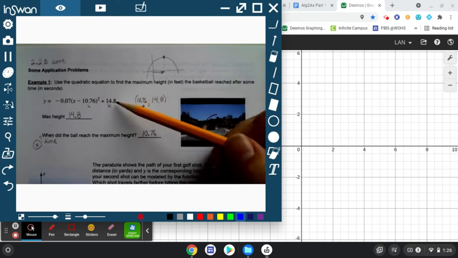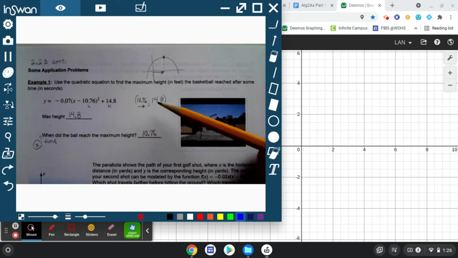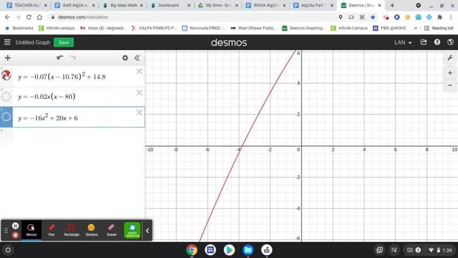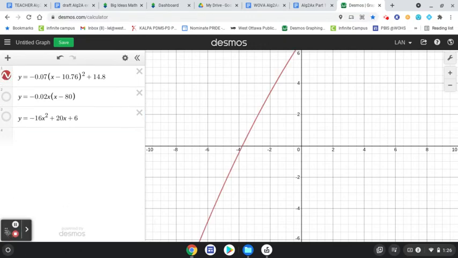Now, just to be sure, remember you can graph this in your graphing calculator as well and find that value just in case you didn't realize this. So I'm going to switch over to Desmos. I have that ready here, and I typed this in already for you. If you want to use your keyboard to type this in, remember the keyboard's right here in this lower left corner, or you could just type it in.